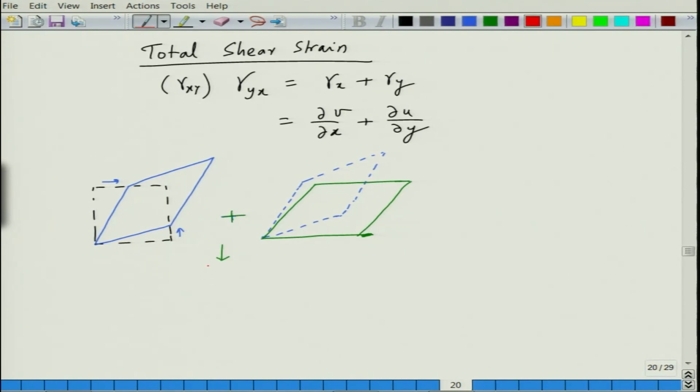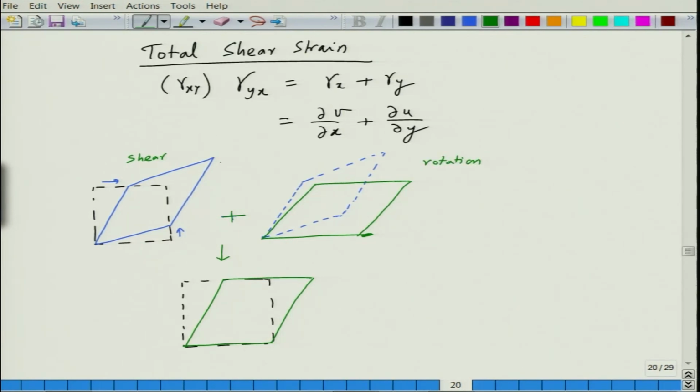So, you start with this shape and you end up with the green one. So, this is what we say is the shear, and this will be rotation.